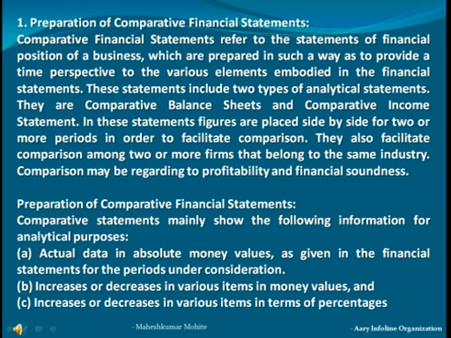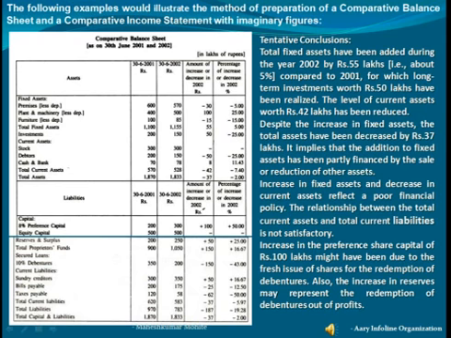B. Increases or decreases in various items in money values, and C. Increases or decreases in various items in terms of percentages. The following examples would illustrate the method of preparation of a comparative balance sheet and a comparative income statement with imaginary figures.